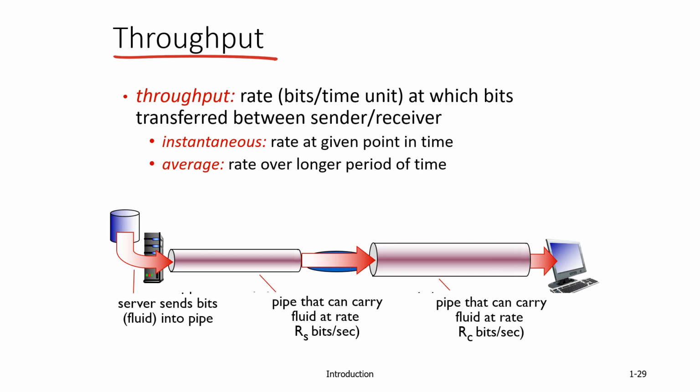So the slowest link within any given path from the source to the destination is basically your effective throughput. The slowest link in the path between the server and the client computer, that is your effective throughput.